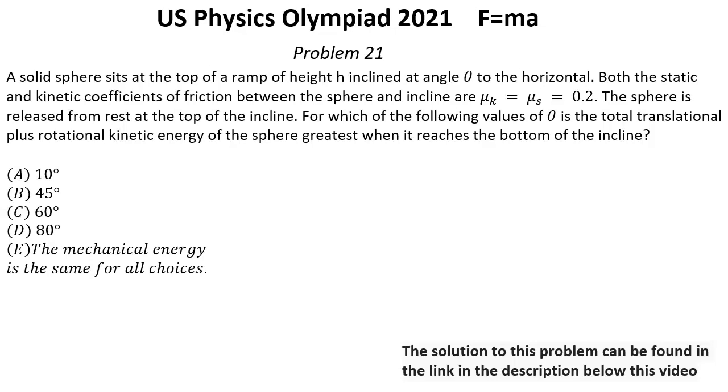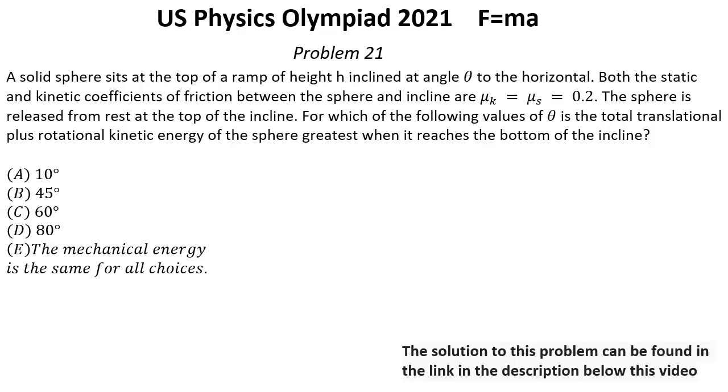The maximum translational and rotational kinetic energy is possible when the motion of the sphere is without sliding. In that case, the force of friction does zero work, and the whole gravitational potential energy turns into kinetic energy of translation and rotation.